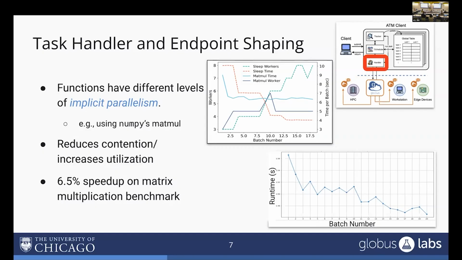And so we want to be able to dynamically shape the packing of these different tasks on endpoints just by very simply launching different numbers of tasks to each endpoint. We don't see crazy speedups. It's usually mid-single-digit percentages, but when you're trying to squeeze out extra performance, you'll take 6%. Best papers have been written on less.